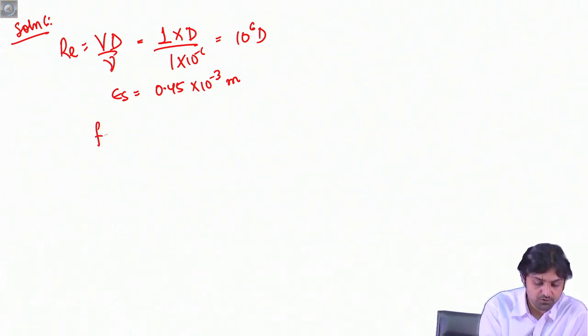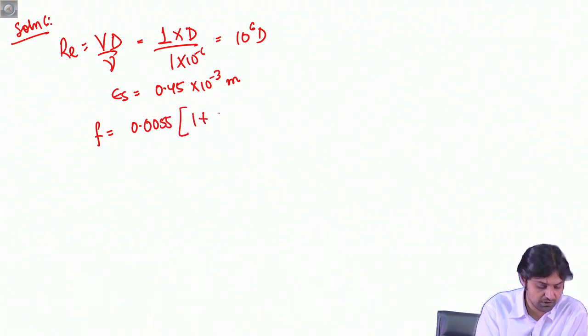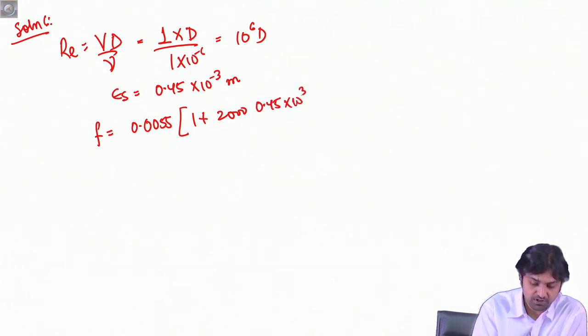Now if we substitute, most of the things we know already, into 0.45 into 10 to the power minus 3 by d, because d we don't know, that is what we have to find out.